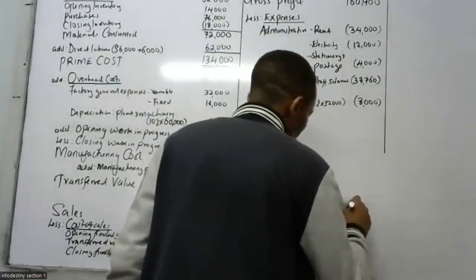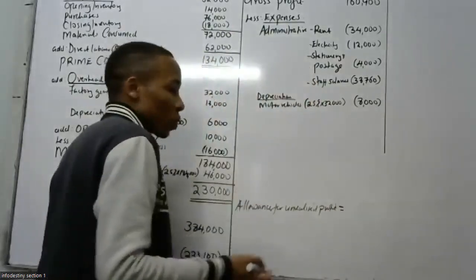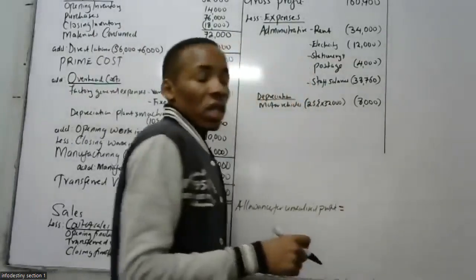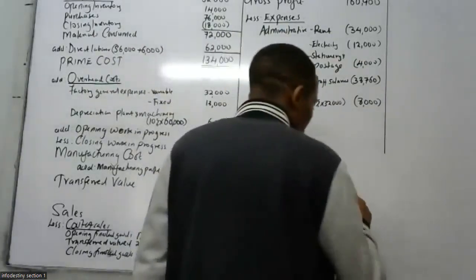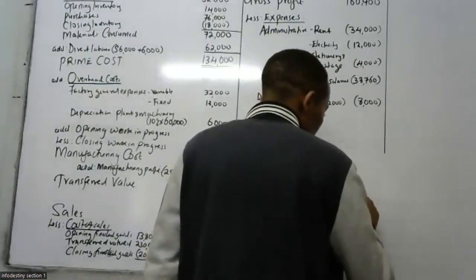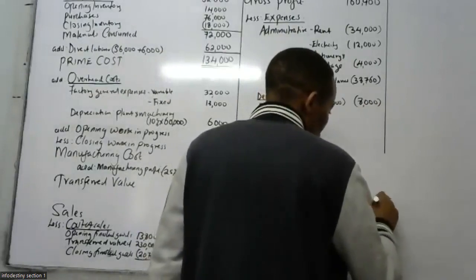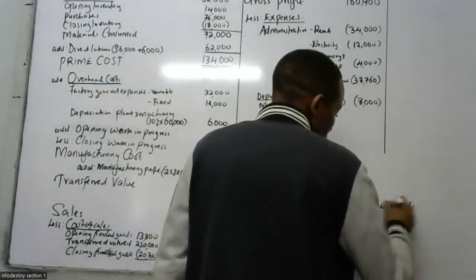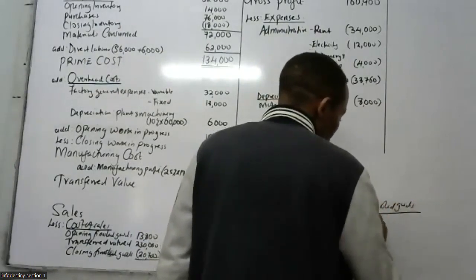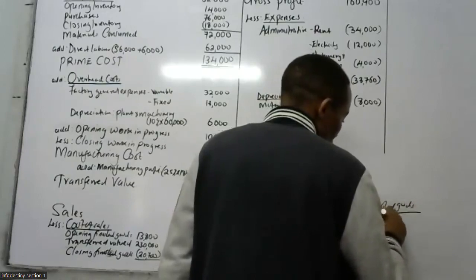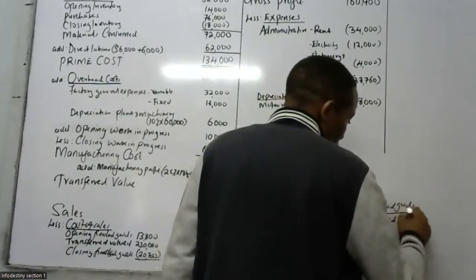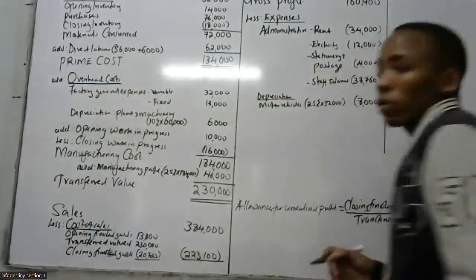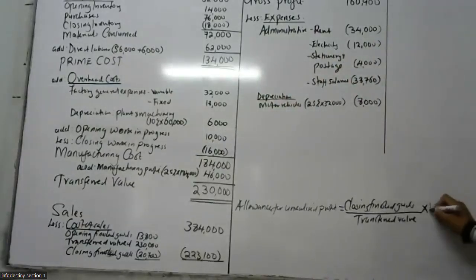The allowance, the provision, equals closing inventory for finished goods, divided by the transferred value, then multiplied by the manufacturing profit.